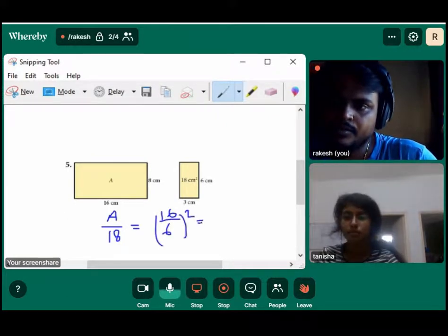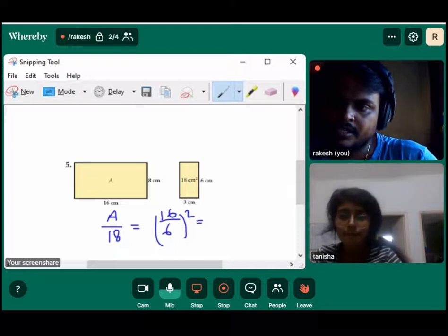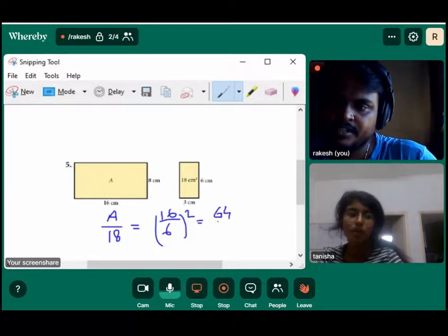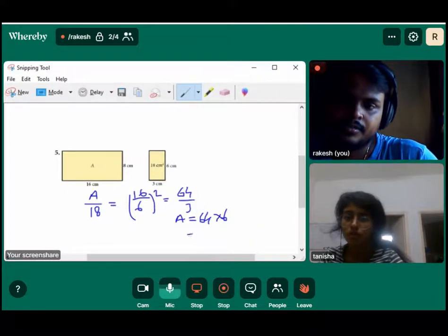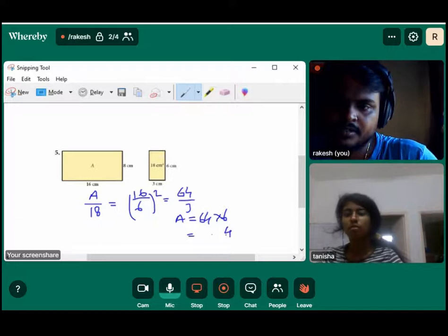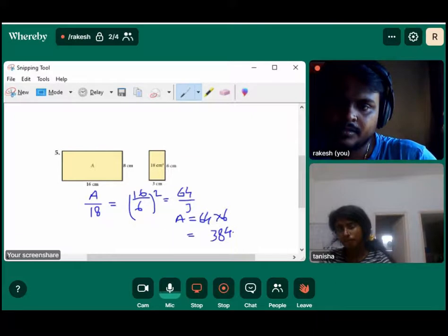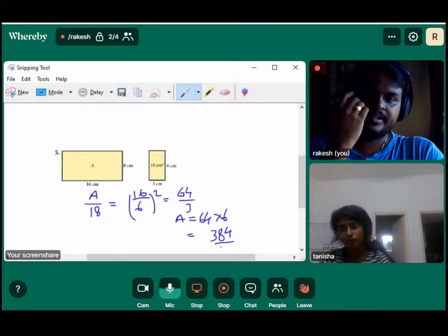So 16 by 6 square is like 864 by 3. So A is equal to 64 into 6. Is that the same thing you got? 384. No? How did you get 1000?